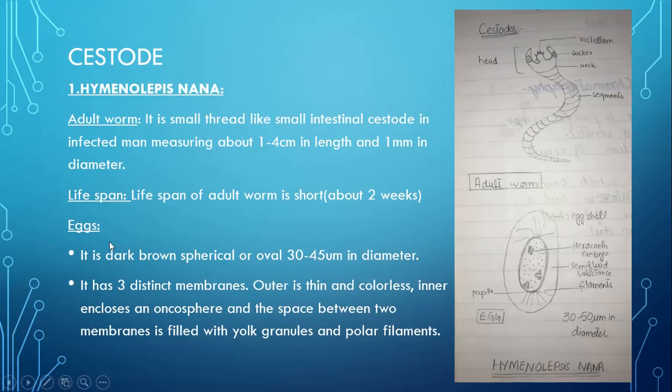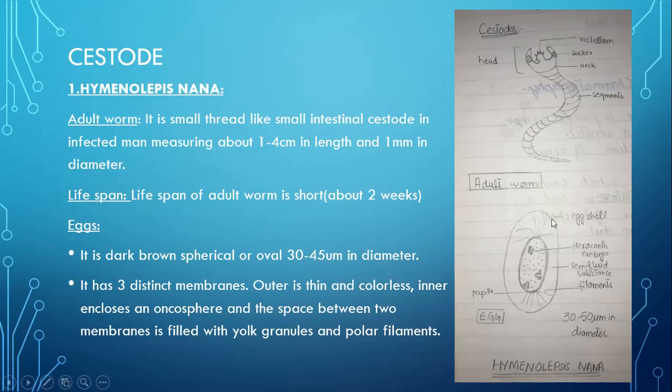Then about the eggs. These eggs are dark brown, spherical or oval in shape, as you can see here, 30 to 45 micrometers in diameter, and they have 3 distinct membranes. The outer one is thin and colorless, while the inner one encloses the oncosphere, and the space between the 2 membranes is filled with yolk granules and polar filaments.